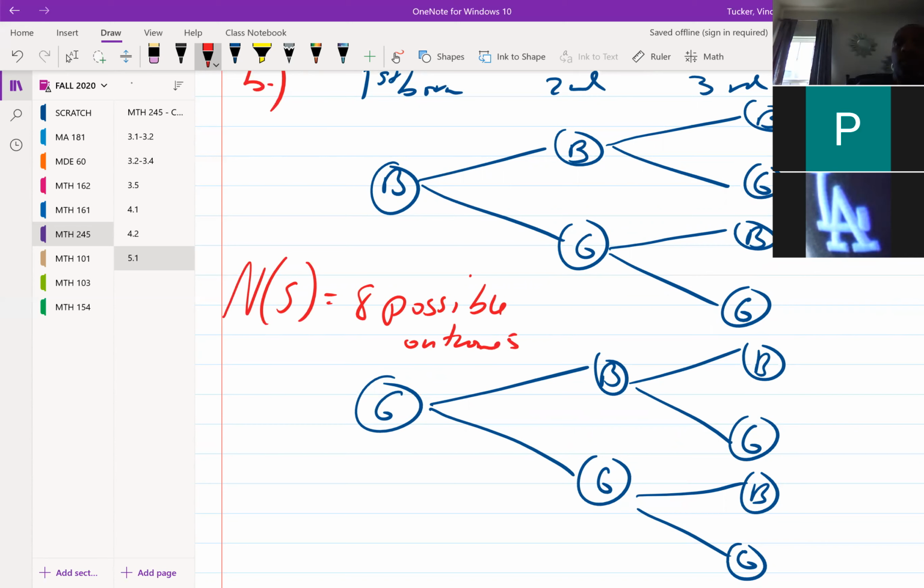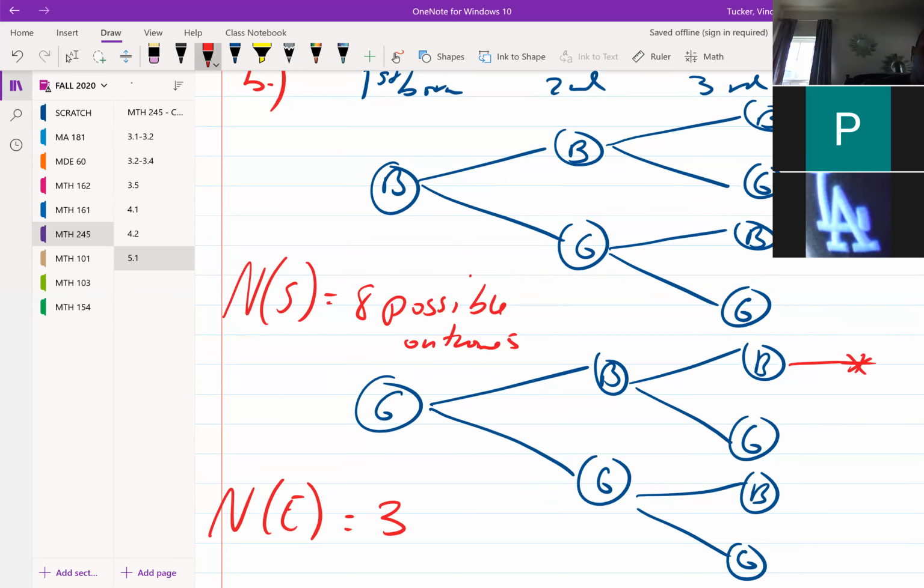Now your event is having 2 boys and 1 girl. So here, 2 boys, 1 girl. Here, 2 boys, 1 girl. Here, I think that is it. All right. So the number of your event is going to be 3.